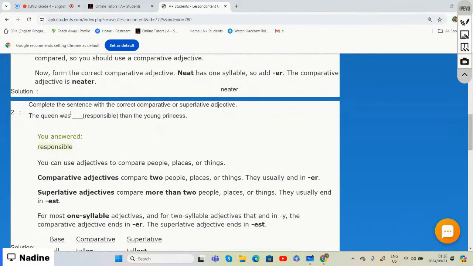It says, the queen was responsible than the young princess. We need to complete the sentence with the correct comparative or superlative adjective. That is where we add more or most.